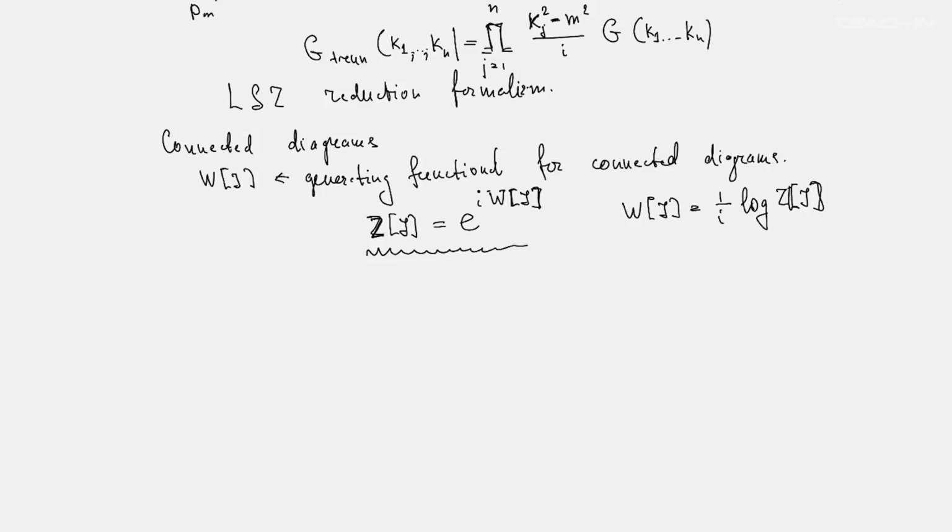It's technical, so I'm not going to repeat it here. I would just like you to take this formula for granted for the moment, the simple relation between W and Z of J.